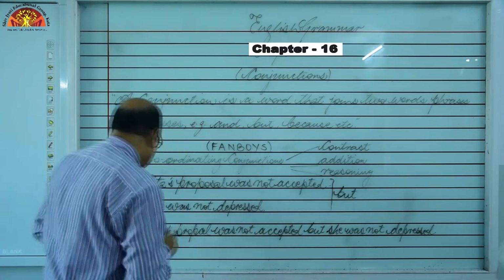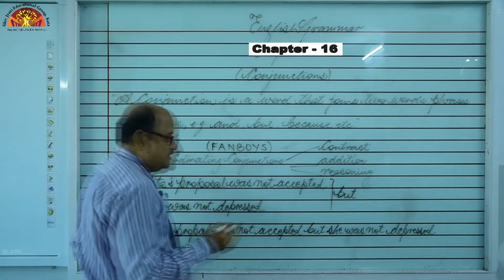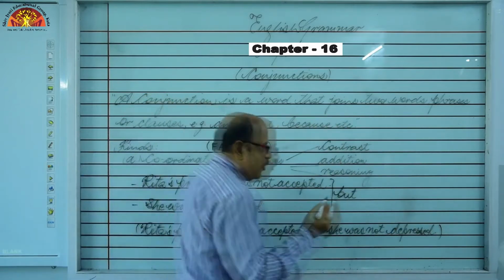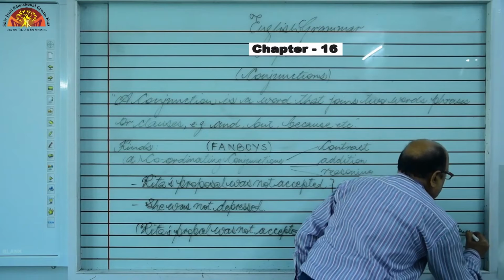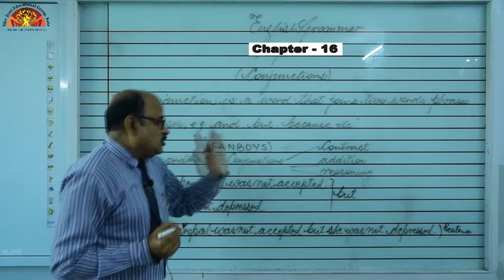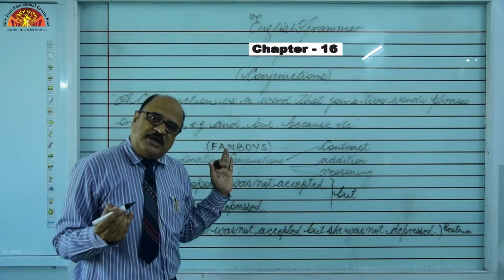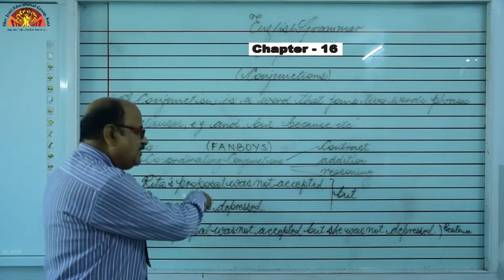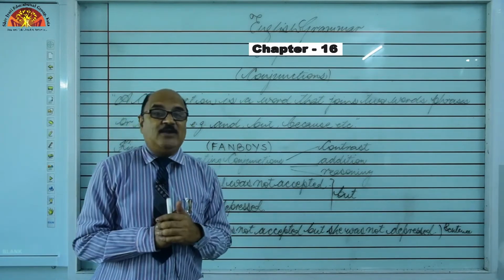Look here. From the word Rita's to depressed, this whole group of words is known as a sentence. Earlier, Rita's proposal was not accepted was a sentence, and she was not depressed was also a sentence. But now we have joined them in one sentence, so they will not be known as sentences any longer.